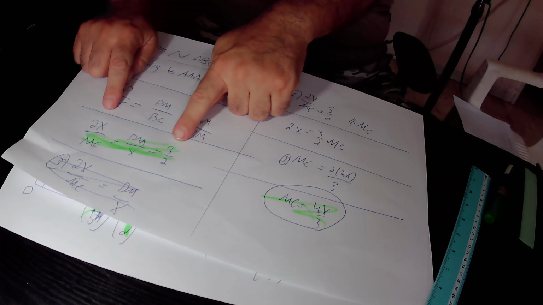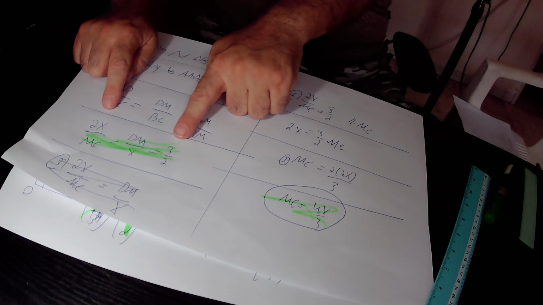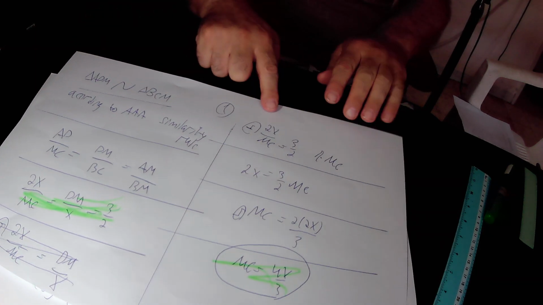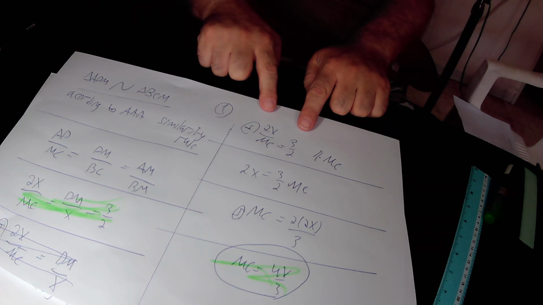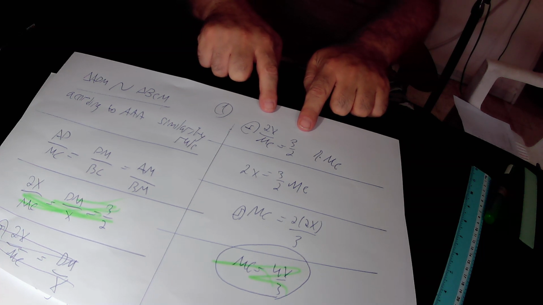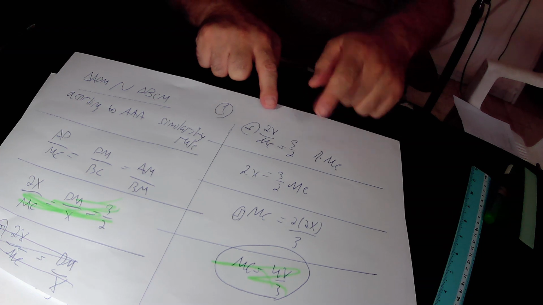Those two expressions are equal to each other, so we get equation 1 from those two expressions. According to equation 1, 2x over MC equals 3 halves. Here we multiply this equation by MC, and find that 2x equals 3 halves times MC.